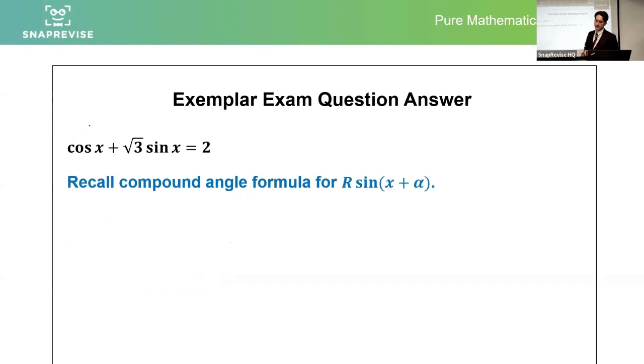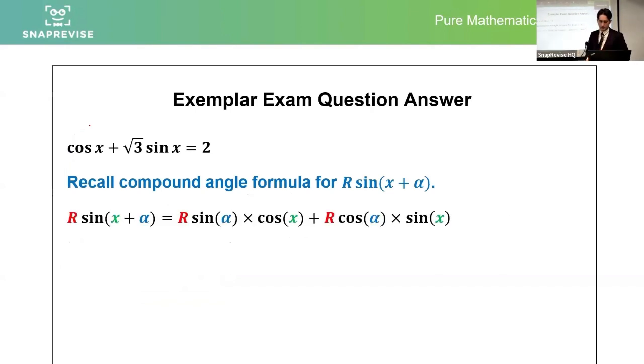So first thing, let's get it in the form r sine x plus alpha. In the very same way that we just looked at this, I would think about the addition formula for sine x plus alpha, and I would equate that. Now look at the coefficients. The coefficient of cos x is 1. The coefficient of sine x is √3.